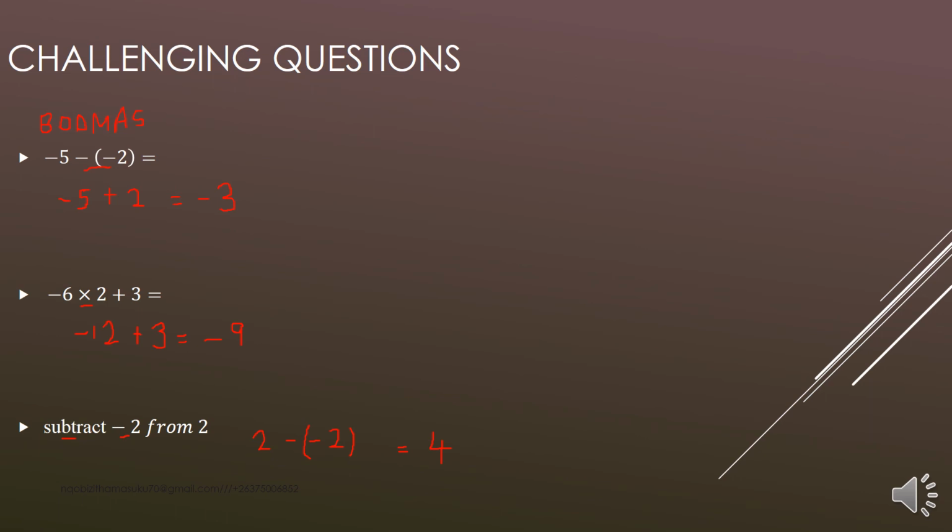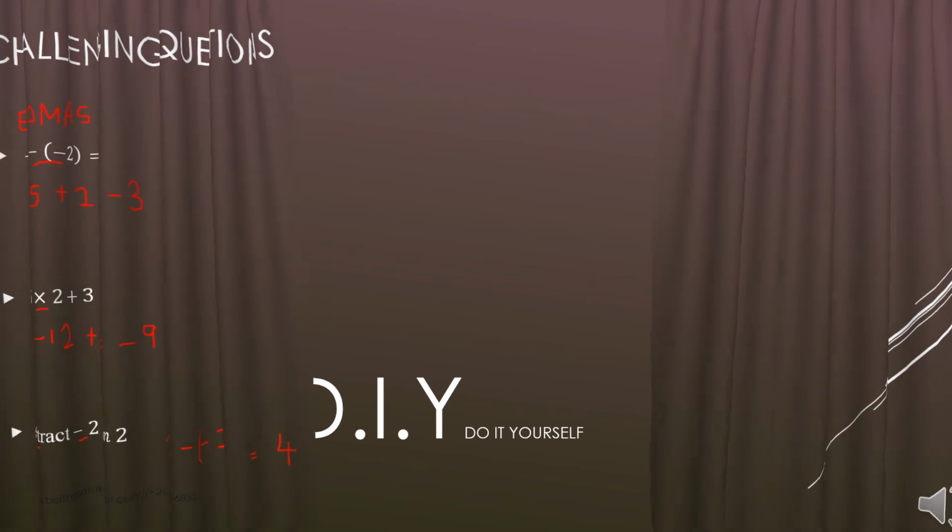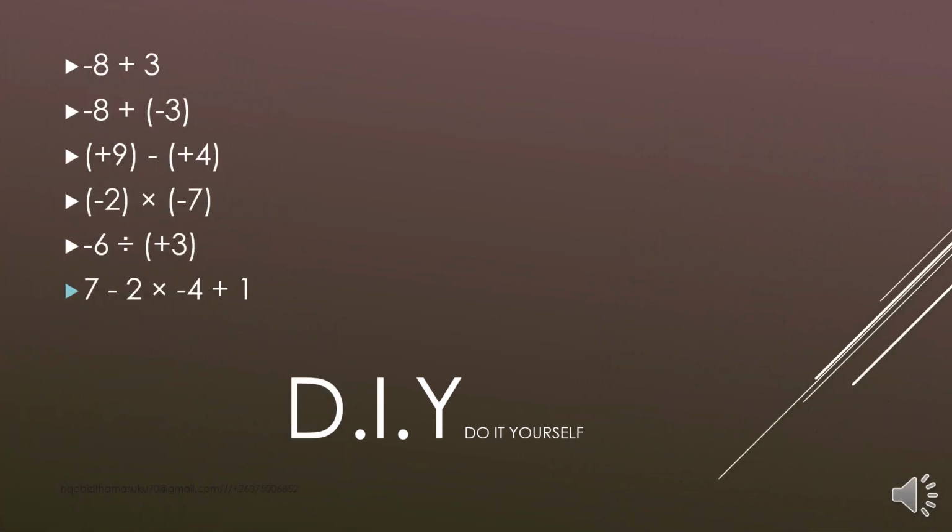And I have left some questions for you. So these are questions for practice. You can practice because remember they say practice makes one perfect. So just practice those questions that I articulated.